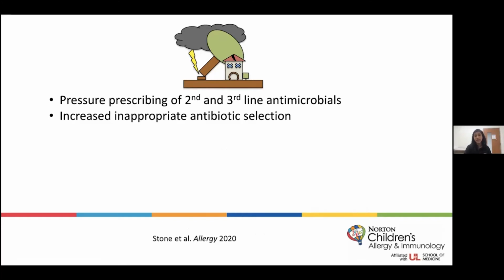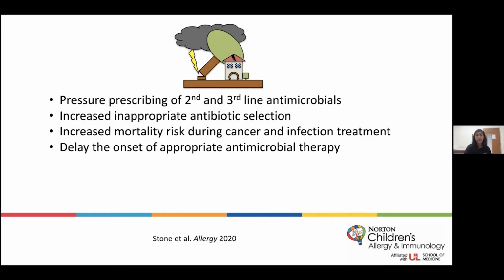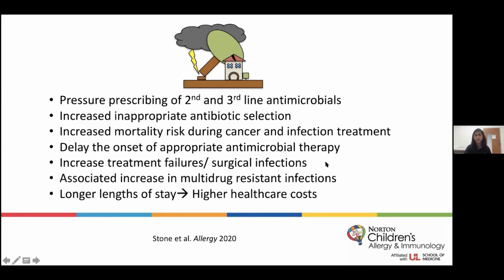And there is an increase in inappropriate antibiotic selection, increased mortality risks from cancer and infection treatment. Usually it delays the onset of appropriate antibiotic therapy, increased treatment failures, surgical infections. Huge problem in this population is multi-drug resistant infections.